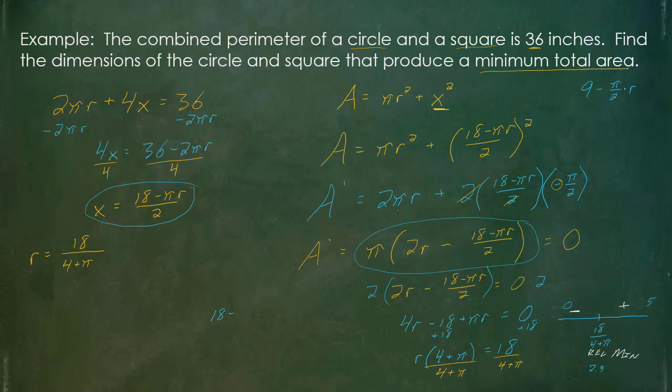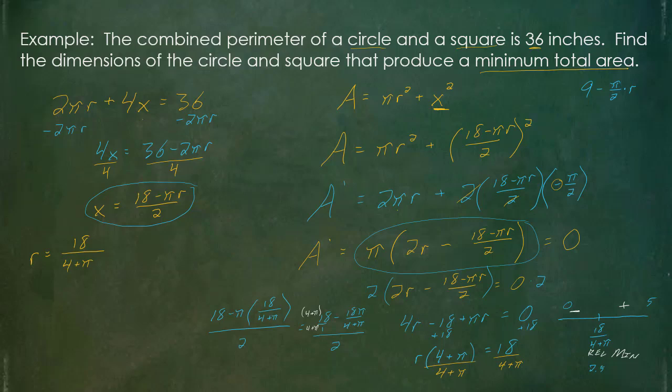I've got (18 minus pi times that), which would be 18 over 4 plus pi, then all of that divided by 2. So if I distribute the pi through, I'd end up with 18 minus 18 pi over 4 plus pi, and then all over 2. So I would need a common denominator here with that one, so I'd have to multiply by 4 plus pi. 4 plus pi, that will have to have 18 distribute through it.